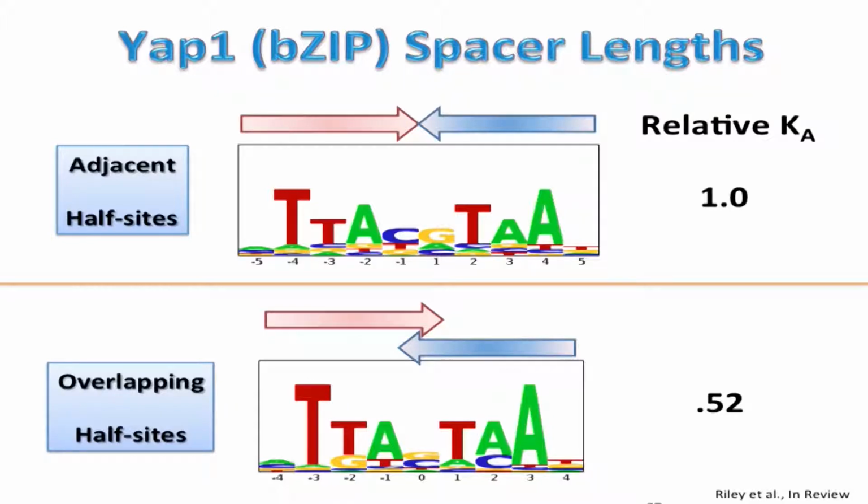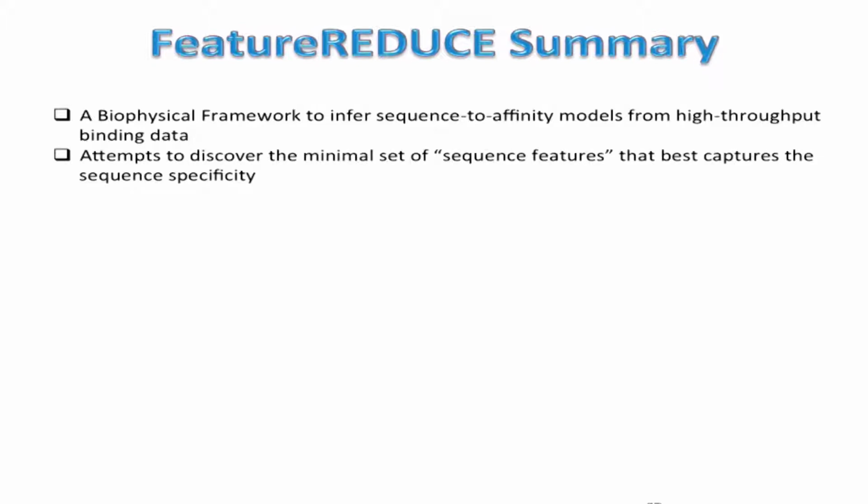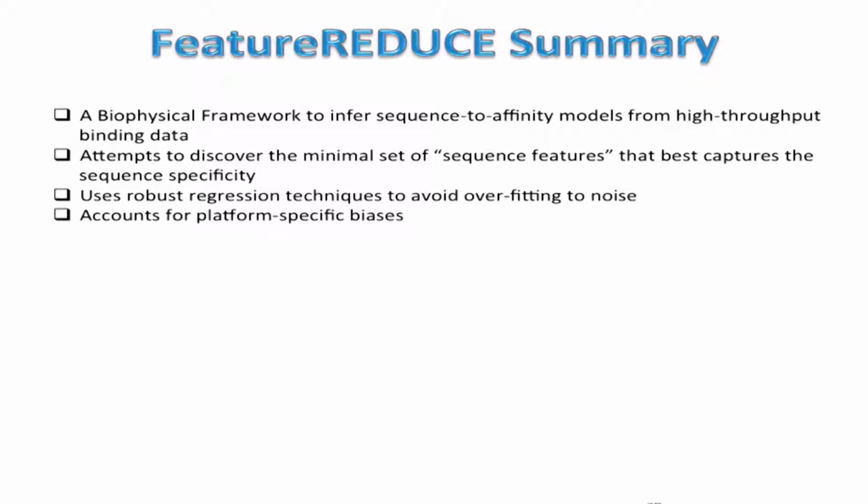Okay. So here's just a summary. FeatureREDUCE: we have a biophysical framework that infers affinity models from data. We want to discover the minimal set of sequence features that best captures the sequence specificity. We use robust regression, which we talked about a lot already in the past week and a half, and that's a great technique to avoid overfitting to noise. It accounts for platform-specific biases. Here, specifically for PBM, we had this artifact where the protein has difficulty getting into the closely compacted double-stranded oligos for a spot.